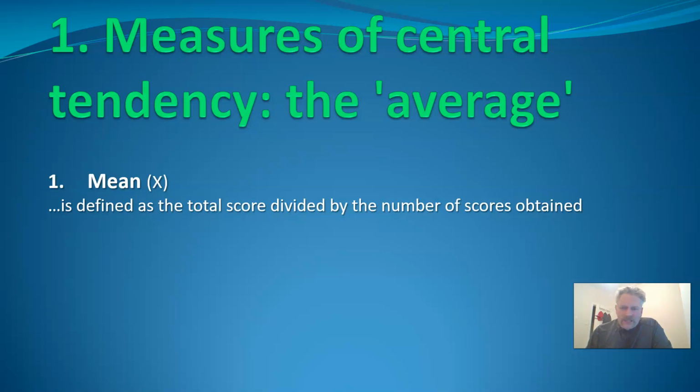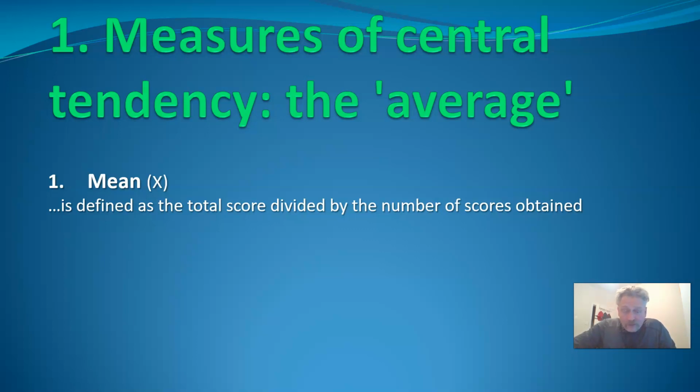And this is simply the total of everyone's scores divided by how many participants you've got. That way it takes into account everyone's scores, the value and range of everyone's scores, and comes up with a single figure to describe the average of all those participant data points.